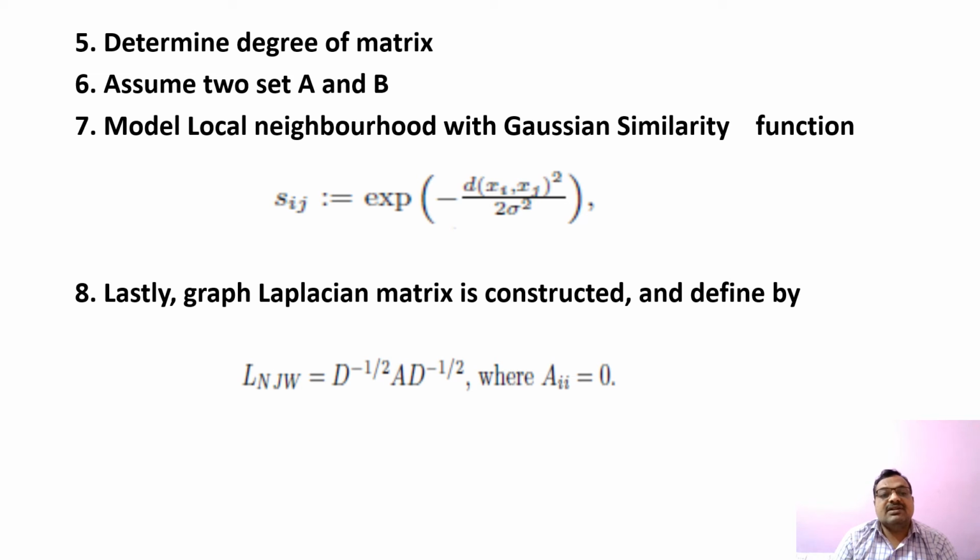And the last stage is the graph Laplacian matrix is constructed and defined by L njw is equal to D raised to minus 1 half A D raised to minus 1 half, where Aii is equal to 0. So this is the equation in terms of the matrix form.